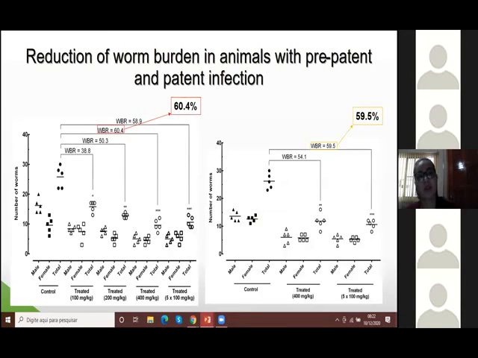Results: the worm burden in the pre-patent and patent infection. In the patent infection, for all these different doses, the better dose was 400 milligrams per kilo, reducing around 60.4% of worm burden. In the pre-patent infection, we identified the better dose was 100 milligrams per kilo for 5 consecutive days.